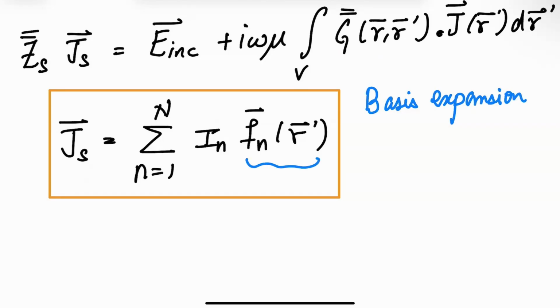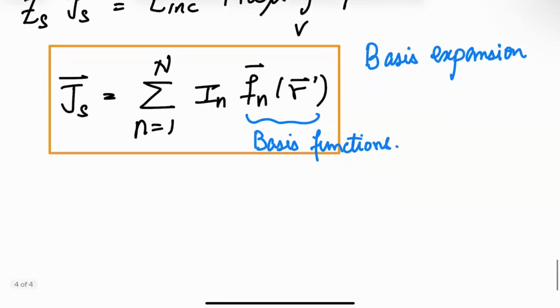And these are your basis functions. So hopefully you're familiar with what a basis is. One basis is the Fourier basis. Another basis is the delta function basis. Essentially, it's a set of functions whose linear combination can make any other function in that space. Let's say if I have a current distribution, I can express it as an expansion in terms of basis functions.